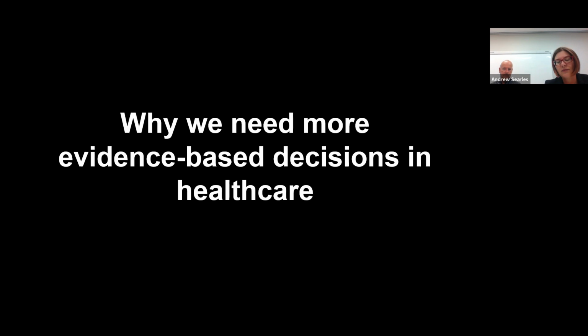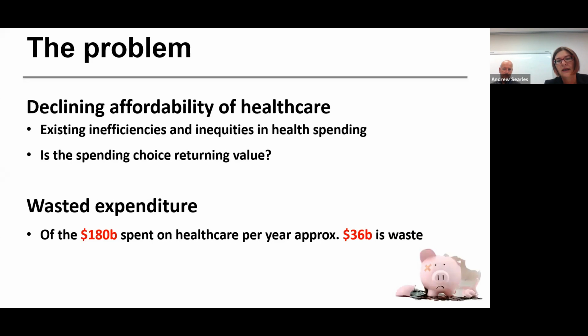So why do we need more evidence-based decisions in healthcare? Well, there's a few reasons. Essentially looking at sustainability of healthcare expenditure. So at the moment in Australia and in other Western countries, spending on health is greater than the growth in gross domestic product, in how much a country is producing. So we know there are existing inefficiencies and inequities in health spending, and we don't always know that our spending choices are returning value, and it's important to understand that.